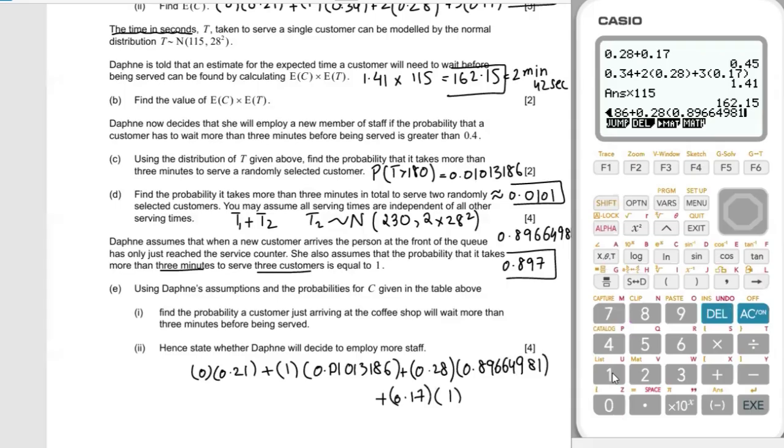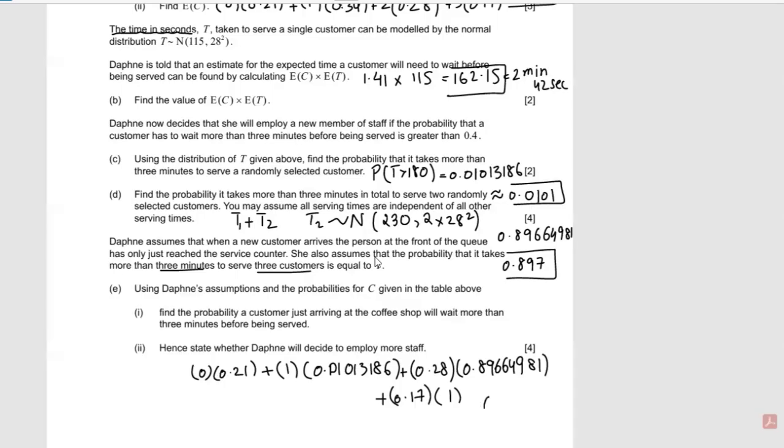I need to put a bracket, okay? And plus 0.17. Let's execute. And I'm getting 0.4312. So my 3 significant figure answer is going to be this.